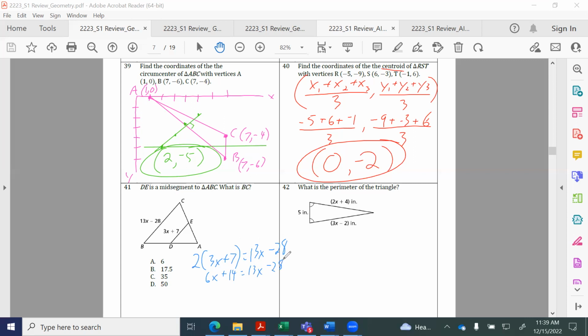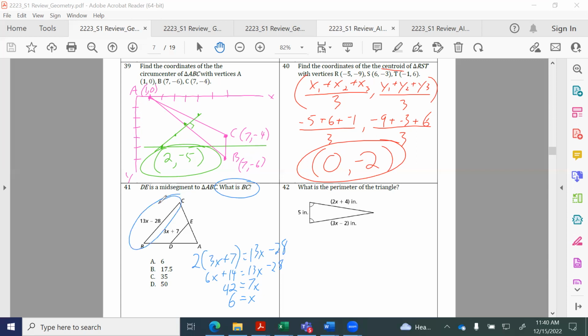Solve. Bring a 6x over this way. That leaves us with 7x. Bring a 28 over to the other side. That's 42. Divide by 7, and x is 6. Is that our answer? No. Again, what is BC? We have to plug it back in.